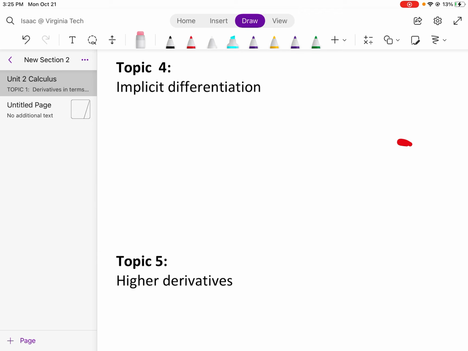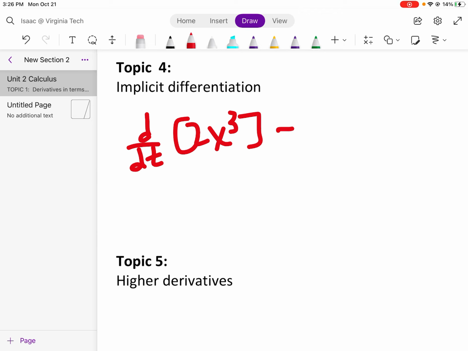And one more example, and we'll see it later when we look at related rates. We could do d/dt, and that's like with respect to time. If we were trying to do this, well, this time, this is going to be 6x. That's what it would normally be if it was 6x squared and d/dx.